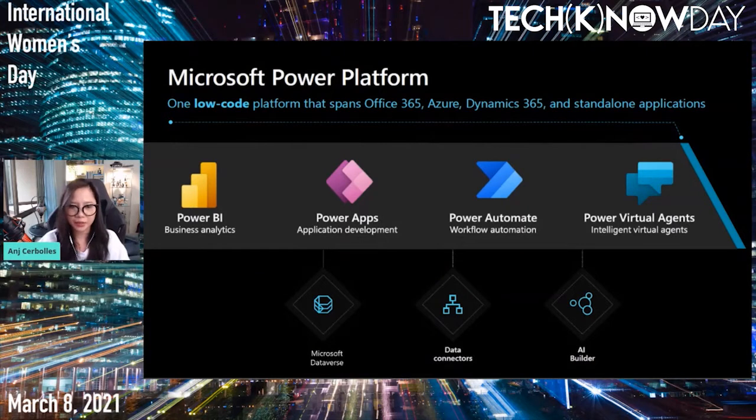Your data could be in Microsoft Dataverse, or you can connect to your external and internal data using data connectors, and infuse AI by using AI Builder with a point-and-click experience. Citizen developers or business users can easily turn their business problems into solutions by building an application using this platform.